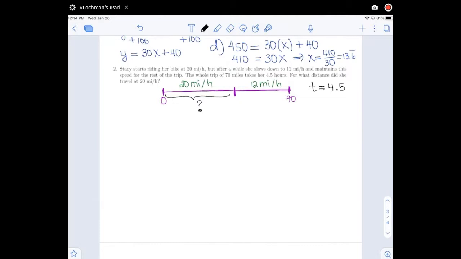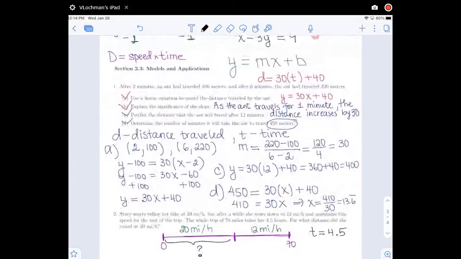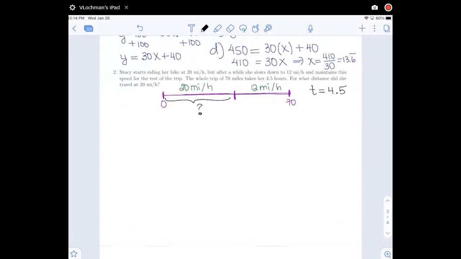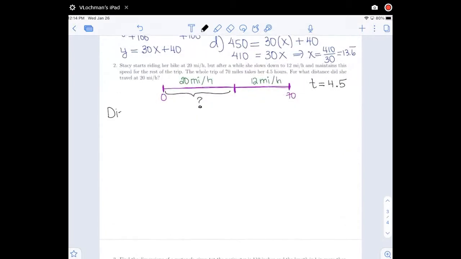Okay. So how are we going to approach this problem? So we'll start with basics. What do we know as far as the relations go between distance, time, and speed? And that was already brought up. So distance is equal to, that's our general formula. Distance is equal to speed times time.